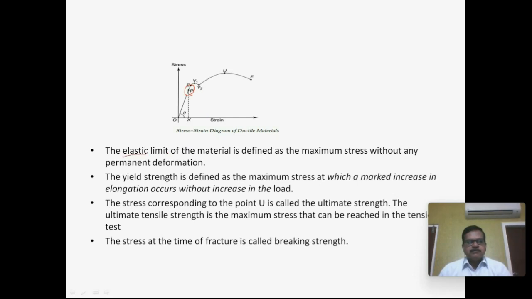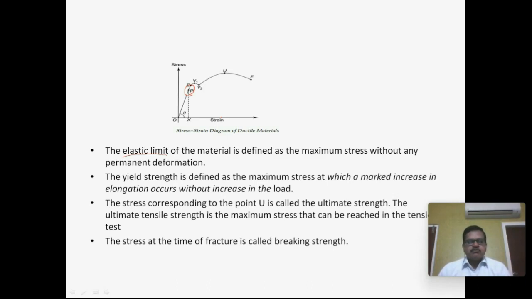E is the elastic limit. So that means the stress up to which the member is subjected, it will come back after the removal of the load. That means when the load is applied up to the elastic limit, still the member is not going to retain that strain or deformation.